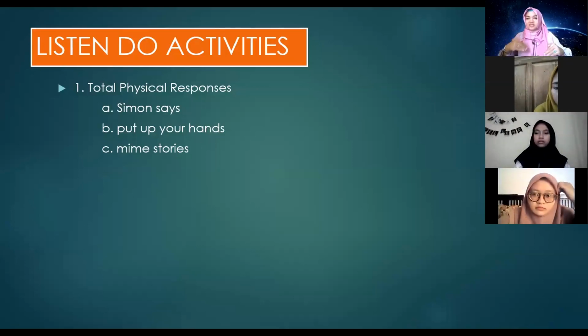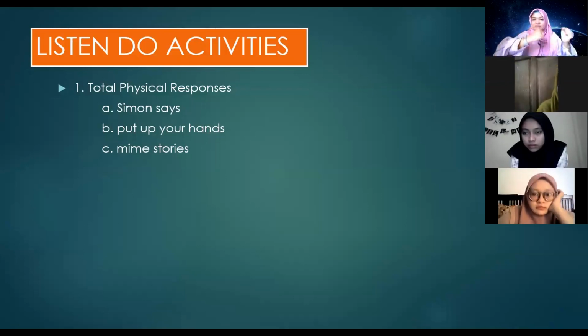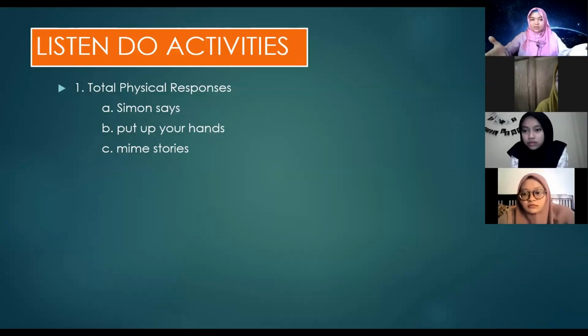But because we are in sitting positions, the miming will not be very clear. Okay, for example, we are sitting in a boat, a small rowing boat. Let's row. So I am doing miming. You can do that with your students. Let them listen to you, or ask them to follow your movement.